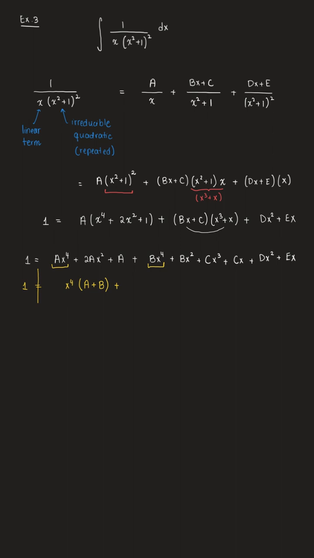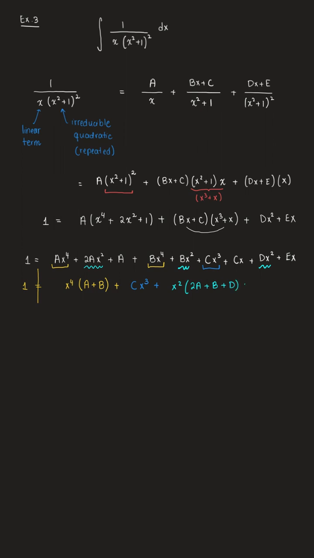All right, let's use a different color for the x cubed. x cubed, it looks like it's just the cx cubed, so cx cubed. Let's take a different color for the x squared. x squared looks like 2ax squared, bx squared, and dx squared. If I factor out an x squared, we'll get 2a plus b plus d.